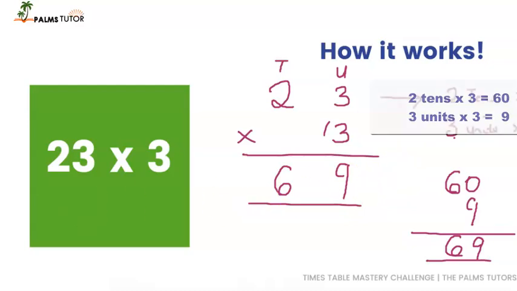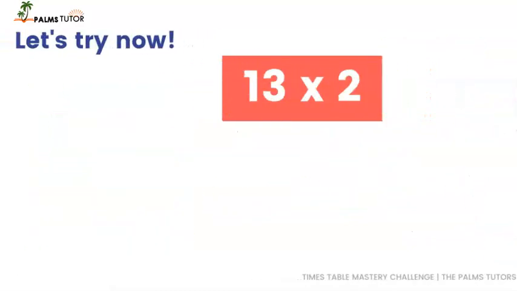But if we want to do it in our head, what do we have to do? Because we don't have a pen and paper, and we have to answer so fast. Easy. So this is what we do. Same way, but now we are doing it in our head. I am multiplying 13 by 2. So I'll go 1 times 2, 2. 3 times 2, 6.